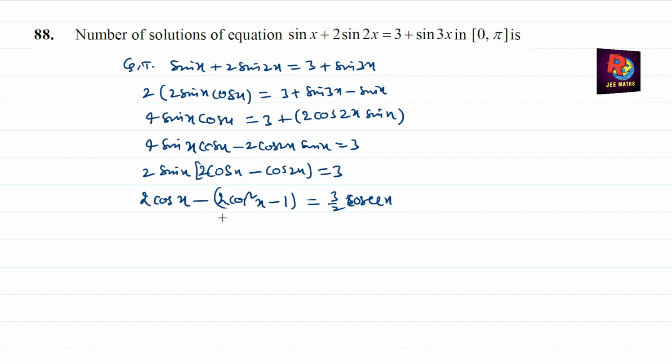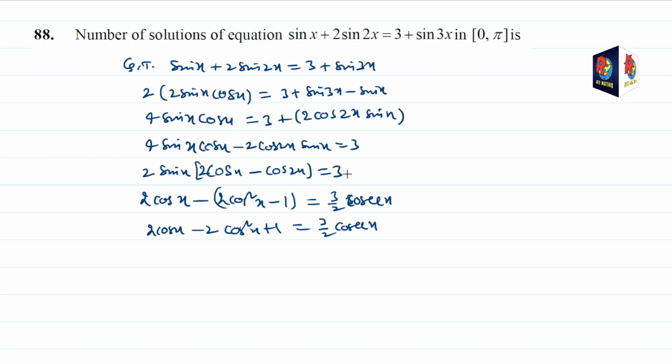Now 2 cos x minus 2 cos square x plus 1 is equal to 3 by 2 cosecant x. Now here we can observe this.